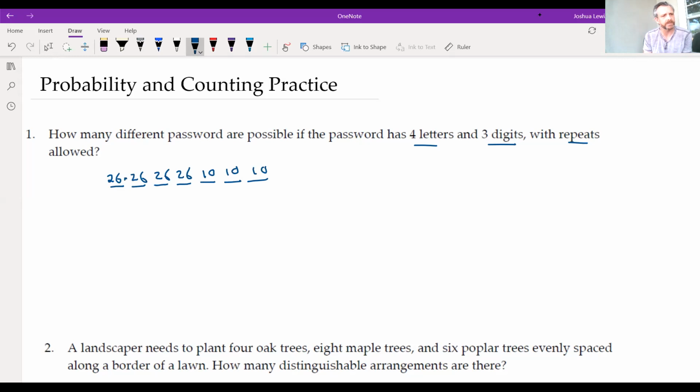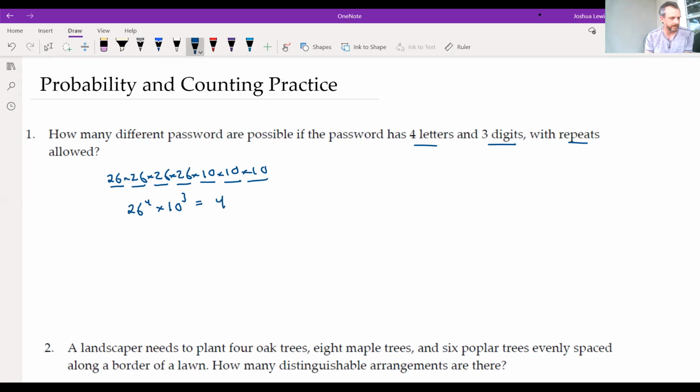And so what do you do with these? Well, you multiply them together, okay? That might be a little easier if we think of this as 26 to the 4th times 10 to the 3rd. Let's see what we get. 26 to the 4th times 10 to the 3rd.